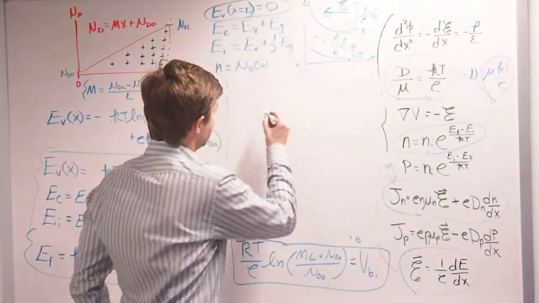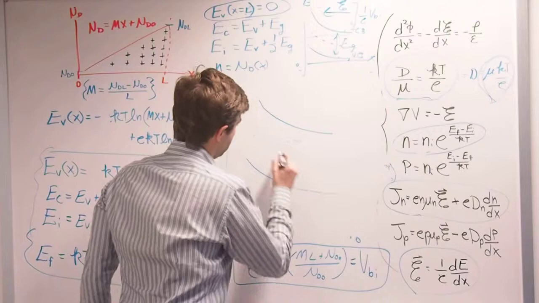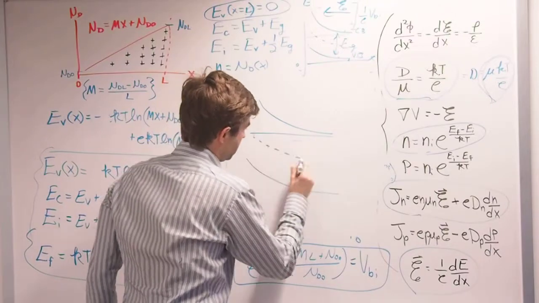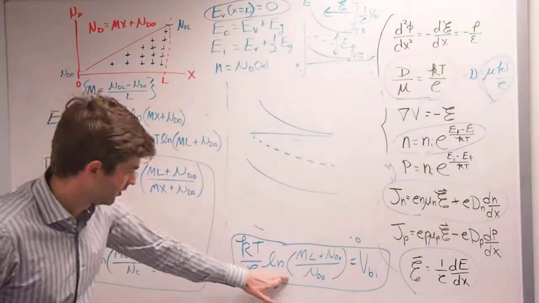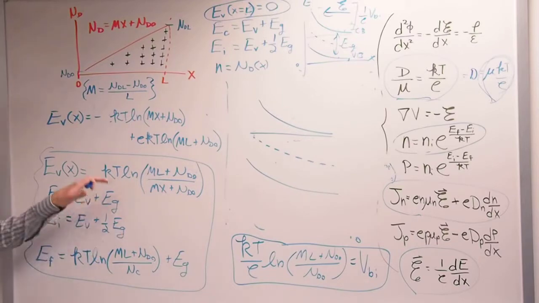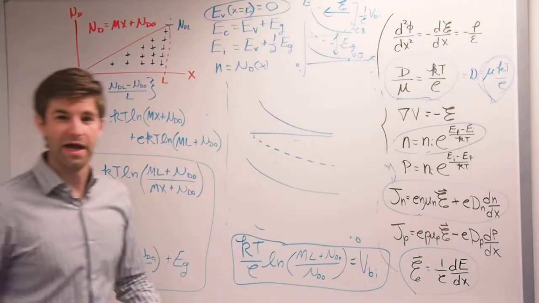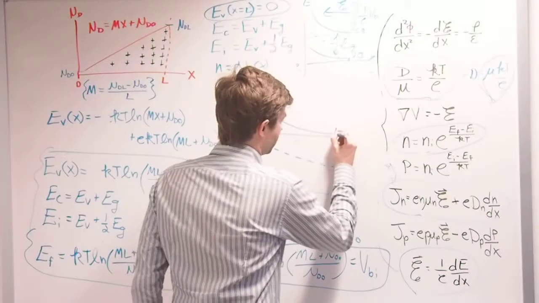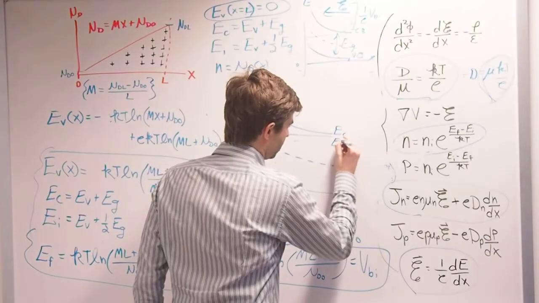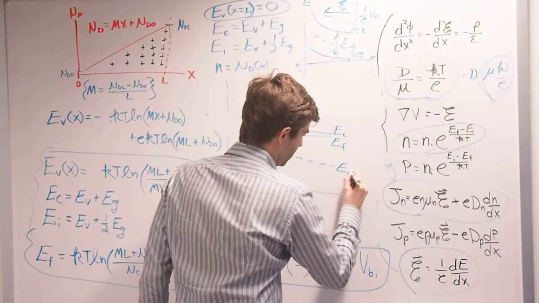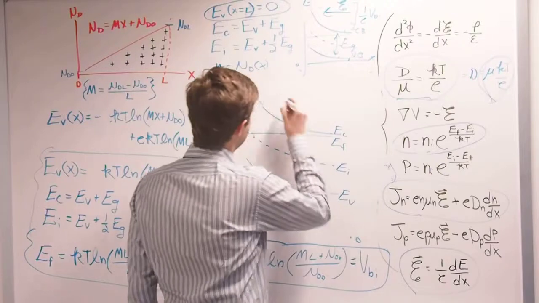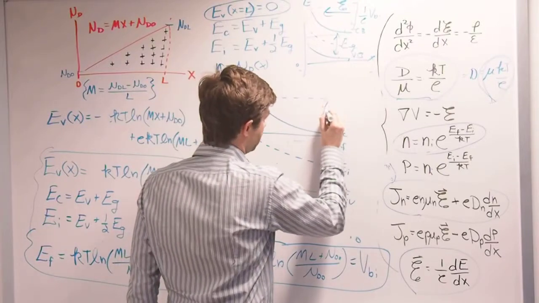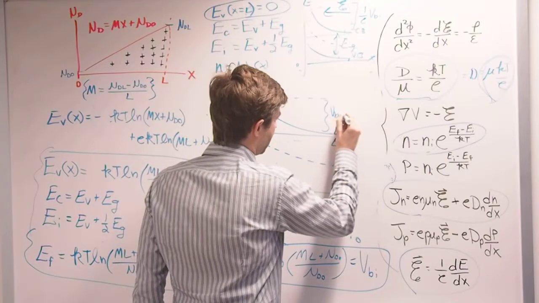So I'm just going to rewrite this. Based off this equation, we get this energy band diagram where this is EC, this is EF, this is EI, and this is EV, and this distance here is VBI.